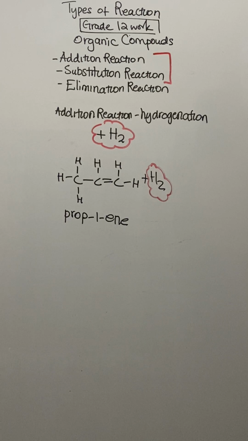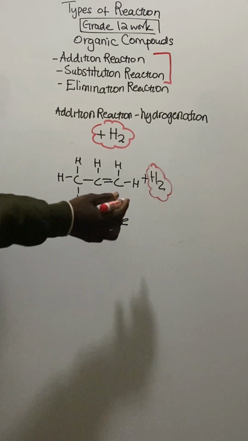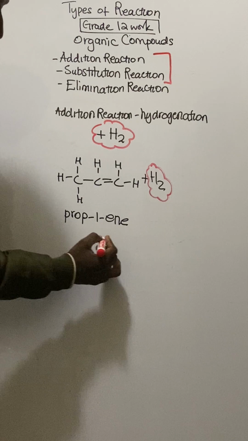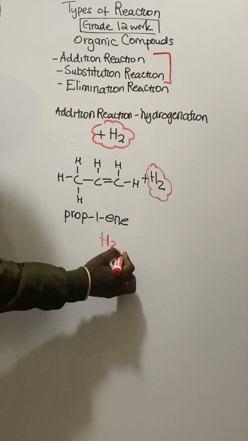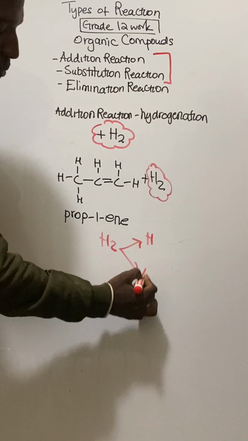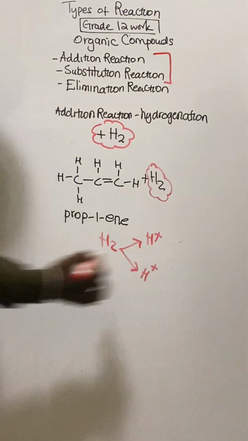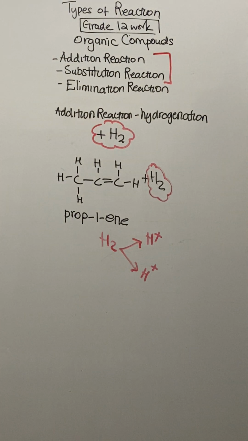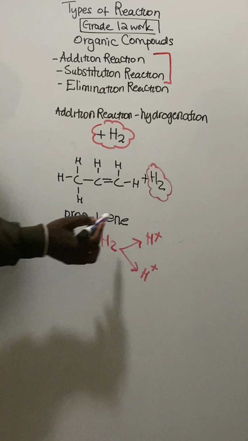So in order for it to get in here, hydrogen gas will have to separate. It will be a hydrogen atom. Now the situation with this one, guys, is that it has to enter into an alkene. Now there is a vacant space. Where is this vacant space?